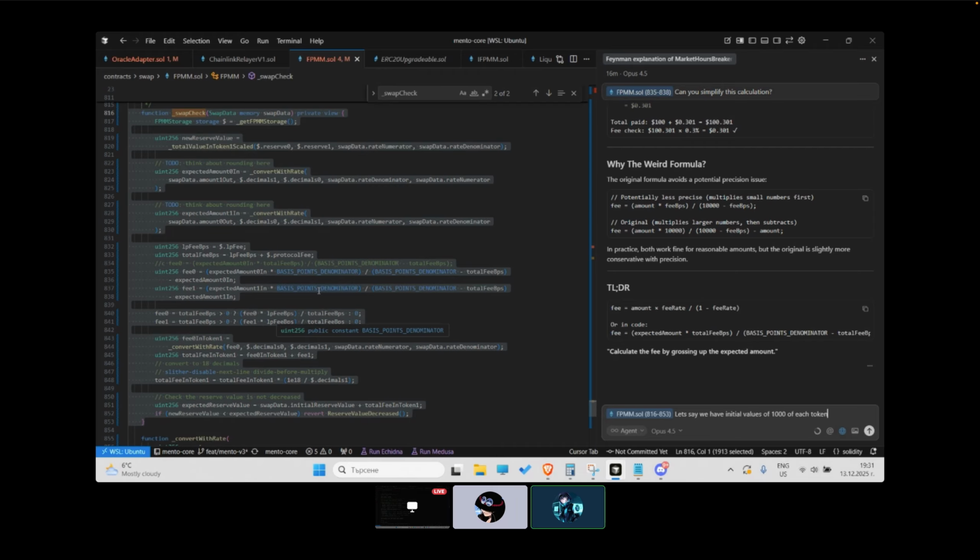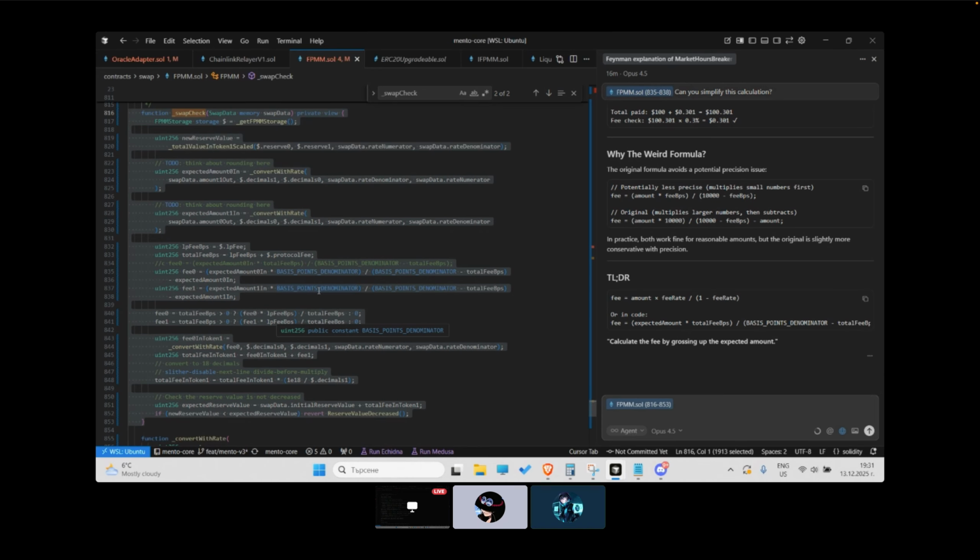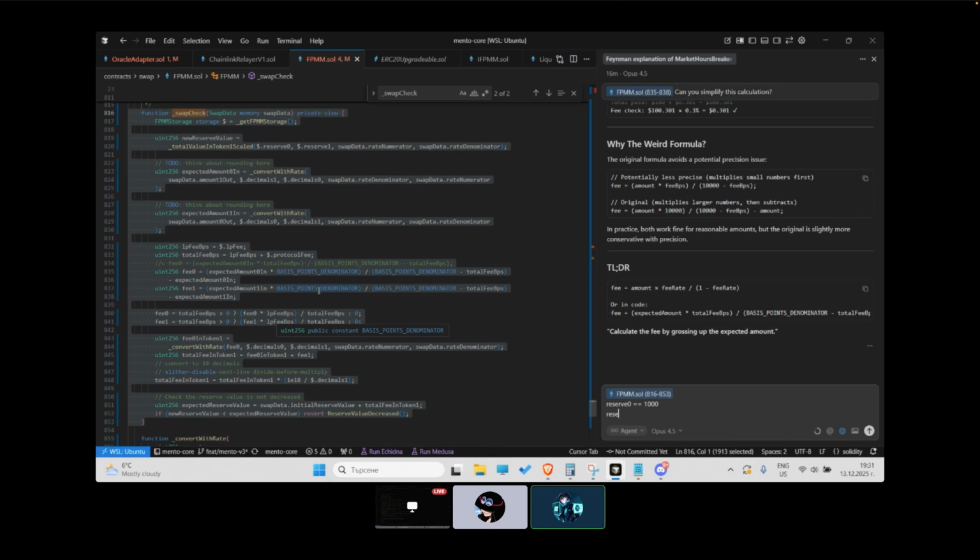No, but write just the math numbers. Just write token 0 equals 1. Can you make new lines here? Okay, so write reserve 0 equals 1000. Reserve 1 equals 1000 as well.